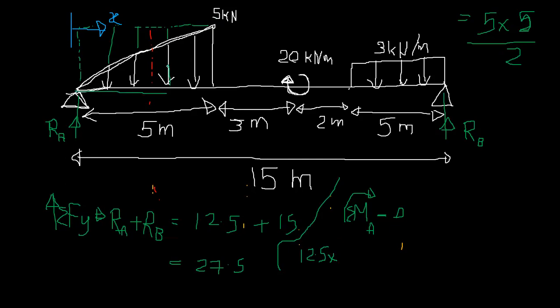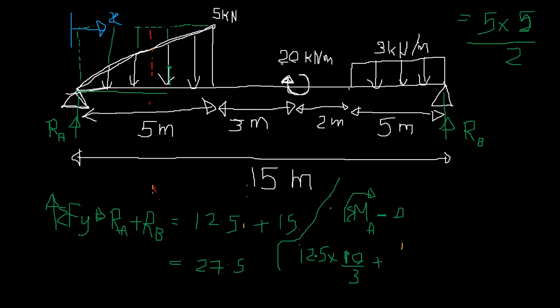So that's going to be 2/3 of this length. If you're going from here, it's 1/3. From here, it's 2/3, right? 2/3 into 5. So that's going to be 10 over 3, right?